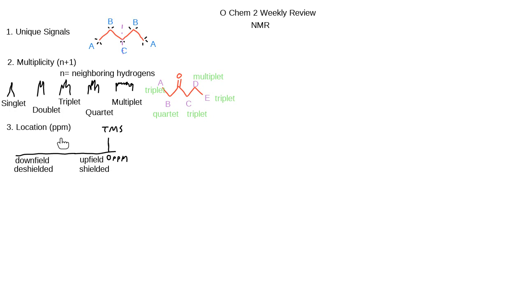That will all make sense once we're done with this lesson and I go over a proper example. But for now, understand that this is one of the main tools that we also use in addition to multiplicity and unique signals. Next up, we have chemical shifts for number 4, and that is associated with shielding and deshielding.